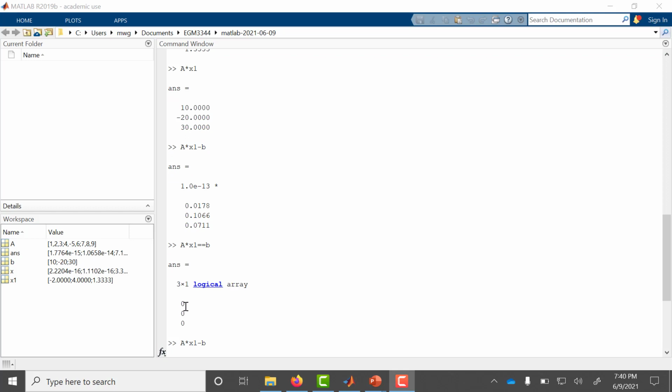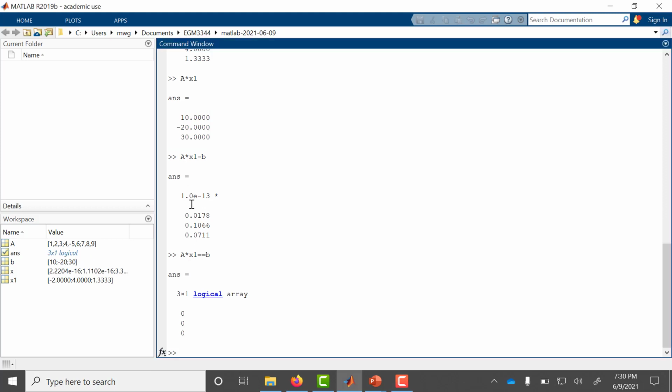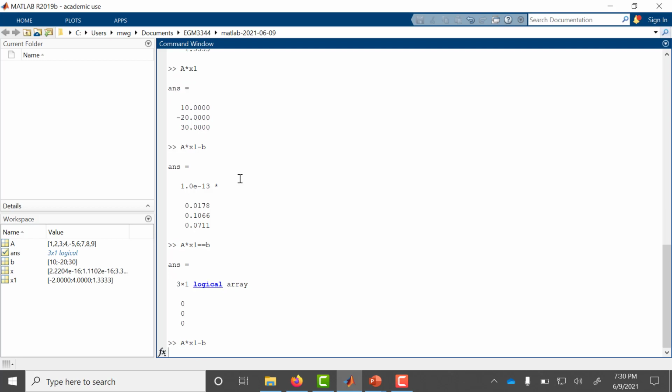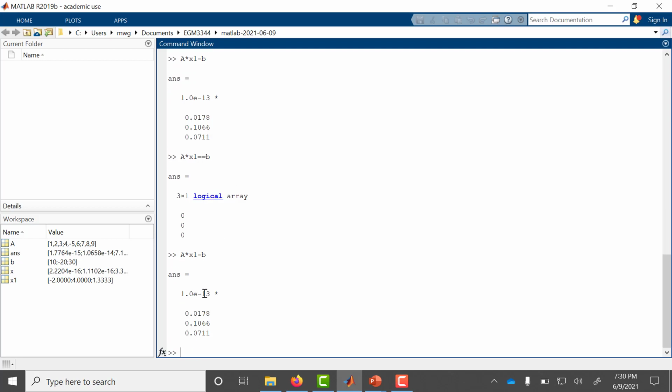The zeros here mean false, false, false, that they're not exactly equal because of round off. Very, very close to being equal, but not exactly equal. Again, this is a good example of why I say to do it this way, where you go A times x1 minus B to show that 10 to the minus 13th times those entries right there.